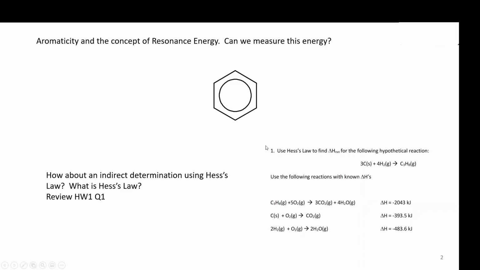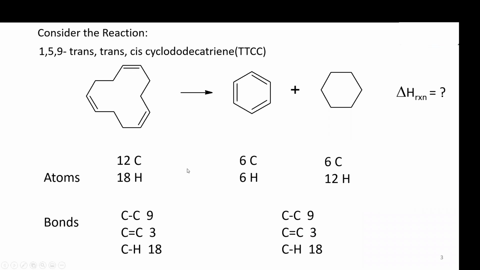In order to calculate the resonance energy, we need to figure out what hypothetical reaction we should use to find the energy lowered by the conjugated carbon-carbon double bonds. So let's consider this hypothetical reaction.